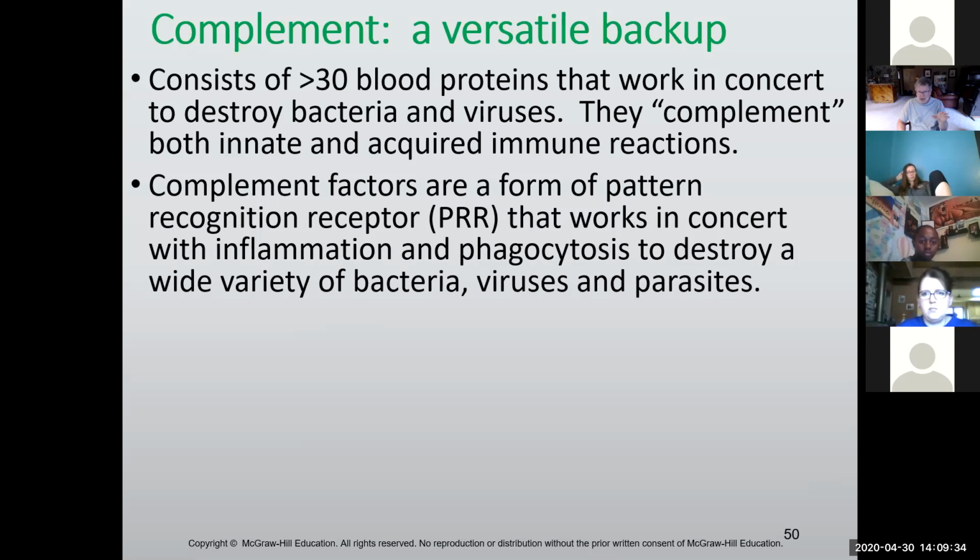As the second bullet here talks about, these complement blood proteins, well, they specifically say blood, so maybe it's only in the circulatory system. I was thinking maybe it might be in the lymphatic, so it may not be there. So in the circulatory system, working in concert with inflammation and phagocytosis to destroy a number of different pathogens. How do they do that?